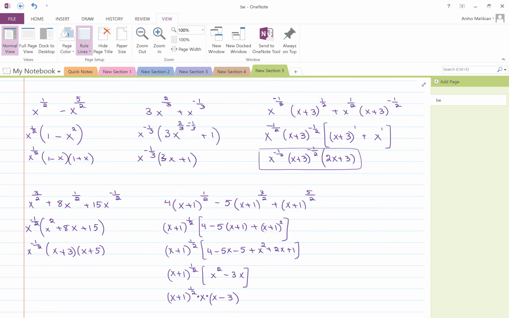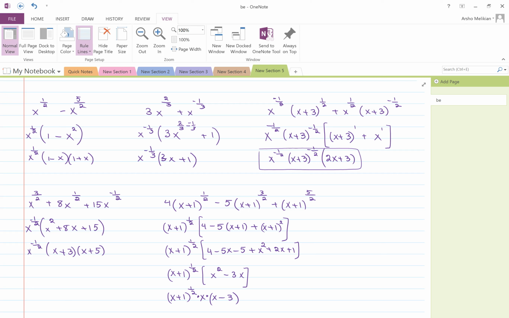So first of all, look here for a minute. We take out an x plus 1 to the 1/2, right? And the way I do this is, here I have 1.5. I took out 1/2, so I have 1. Here I have 2.5. I took out 1/2, so I have 2.